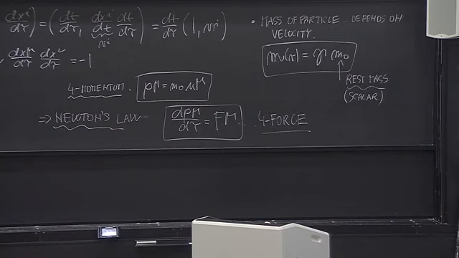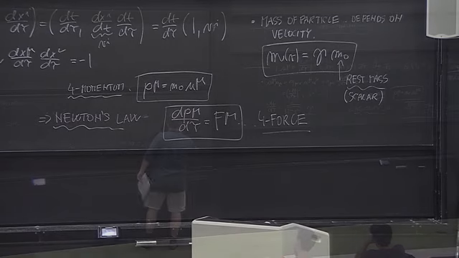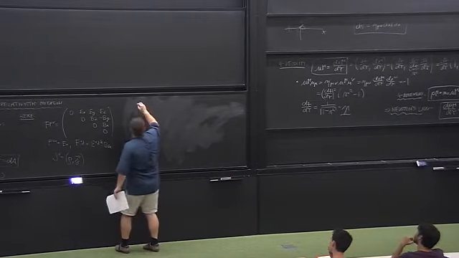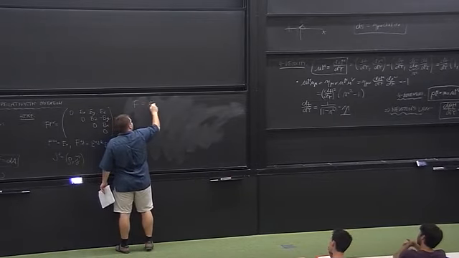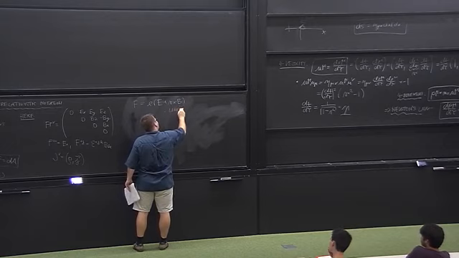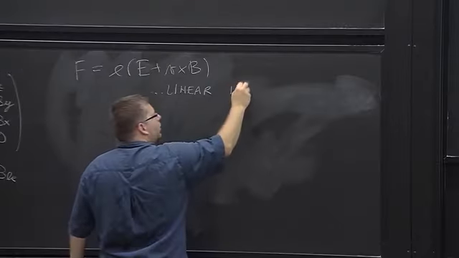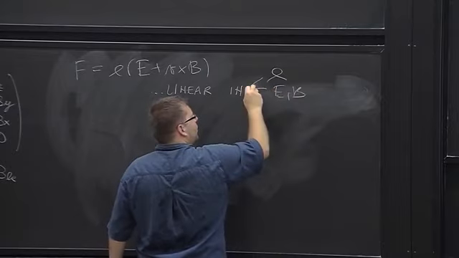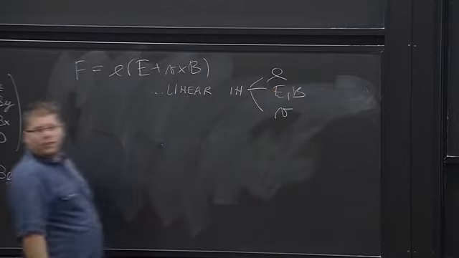So then, once we have this, we can just formulate the Lorentz force law. And as I did yesterday, there is nothing else that you can write down. The Lorentz force law is just E times E plus V cross B. So this thing is linear in E and B, and linear in velocity.